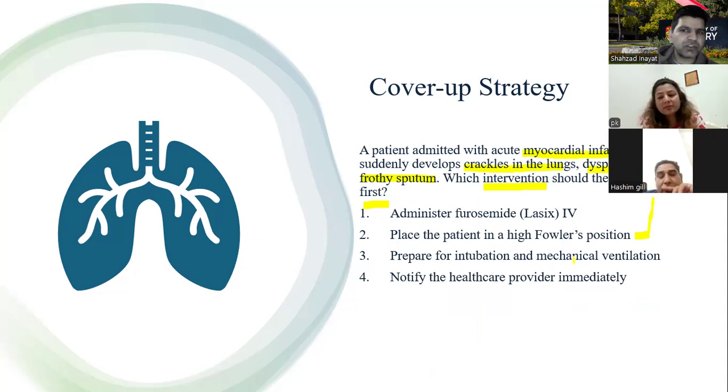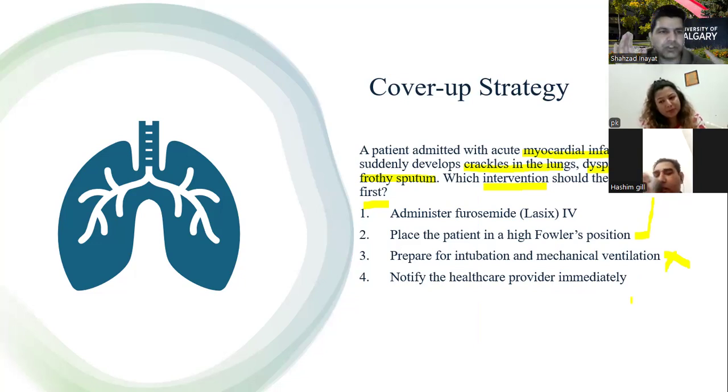Prepare for intubation and mechanical ventilation: no, later on. We don't need to even think about it here, because the patient is in dyspnea, but we don't know whether he or she is in a severe condition, can't breathe, or has so much difficulty breathing that it requires intubation. And then notify the healthcare provider immediately, right?